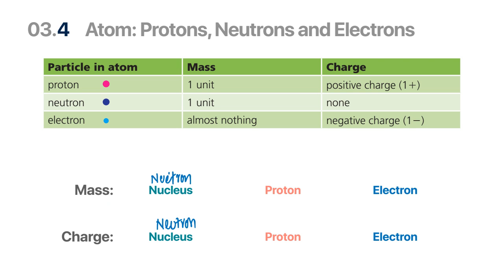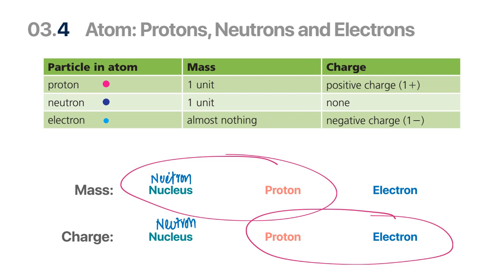So it's the neutron and the proton, right? These two have the same mass, where the electron's mass is almost negligible. The charge is only shared by the proton and electron. There's no charge on the neutron.